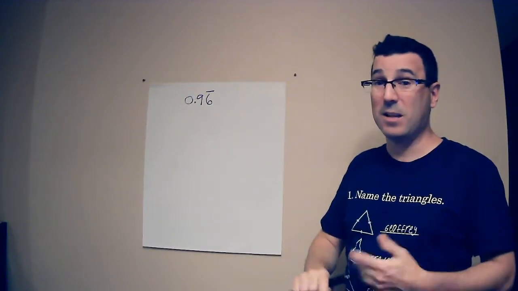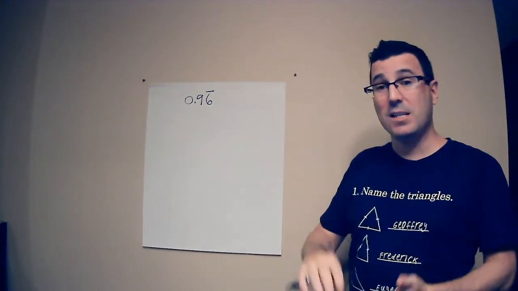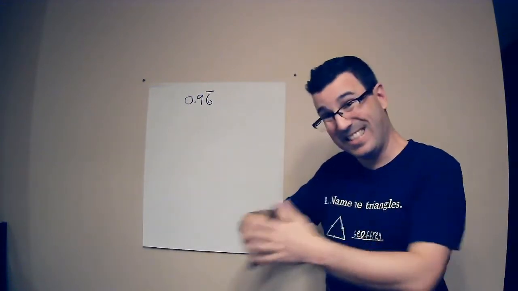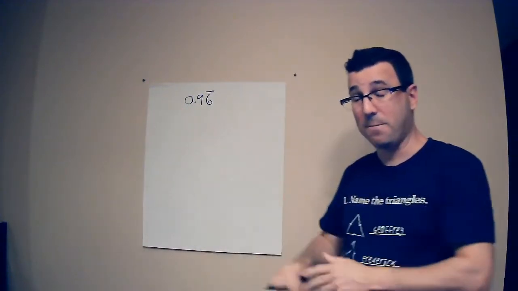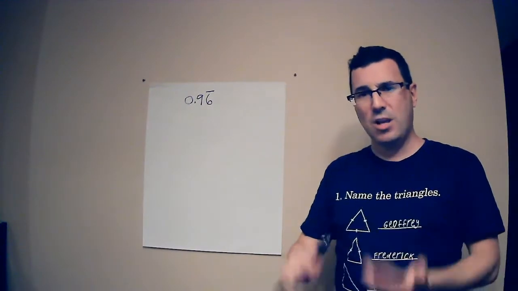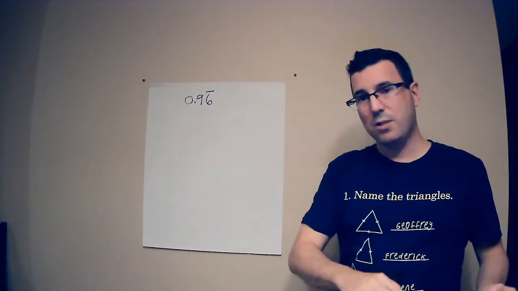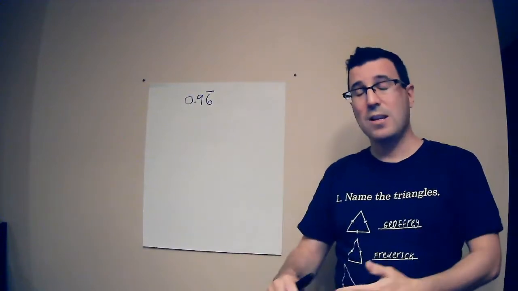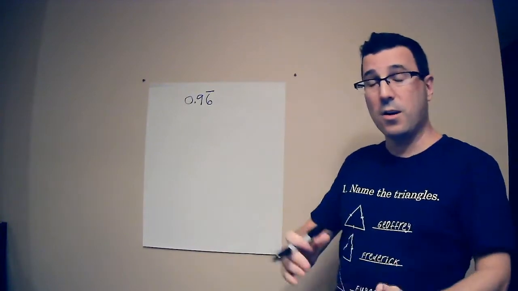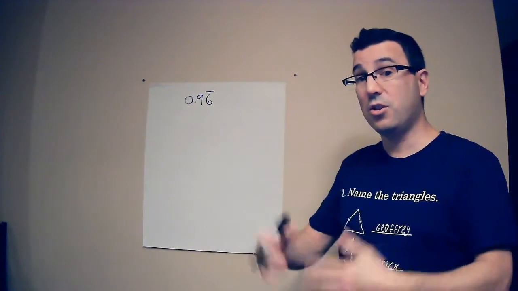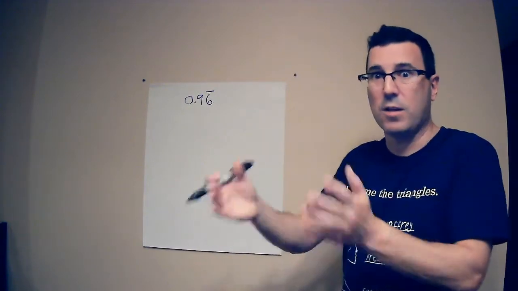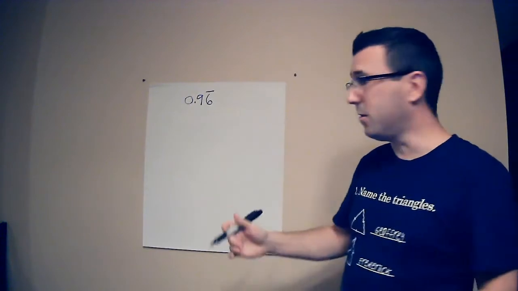That means that what I have here is 0.9666666666, and it's the 6 that's repeating and going on. Now, our steps here are not going to change. When I change a repeating decimal to a fraction, I continue to figure out where the repeating starts and what is repeating. And that's where our number of decimal places goes.